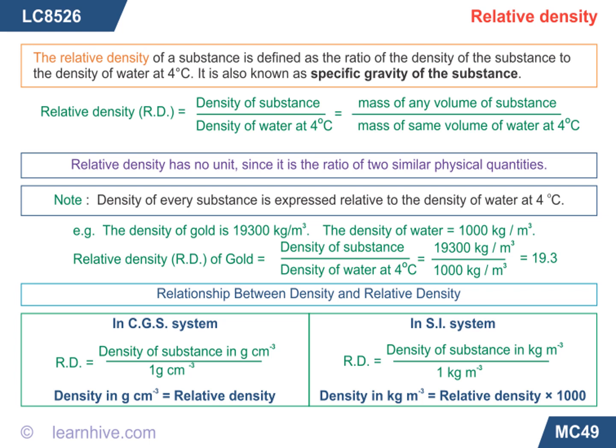Otherwise, we can say: mass of any volume of substance by mass of the same volume of water at 4 degrees Celsius. Okay. Relative density has no unit since it is the ratio of two similar physical quantities. Okay.